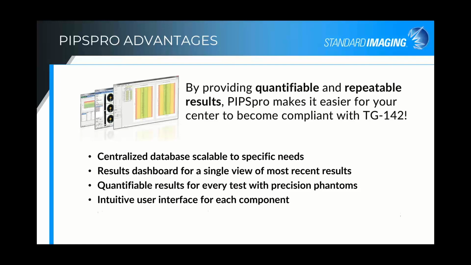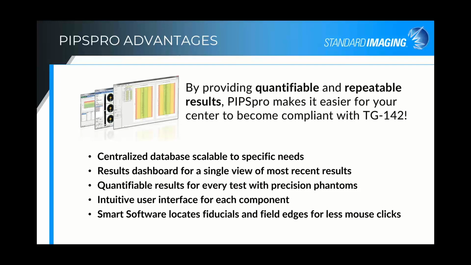It's a very smart software, so all the field edges and fiducials and things like that are typically automatically registered and found. So that leads to fewer mouse clicks. So it's a much quicker overall software to use. And again, like I mentioned, there's over 30 TG-142 tests in this single package of PIPSpro.